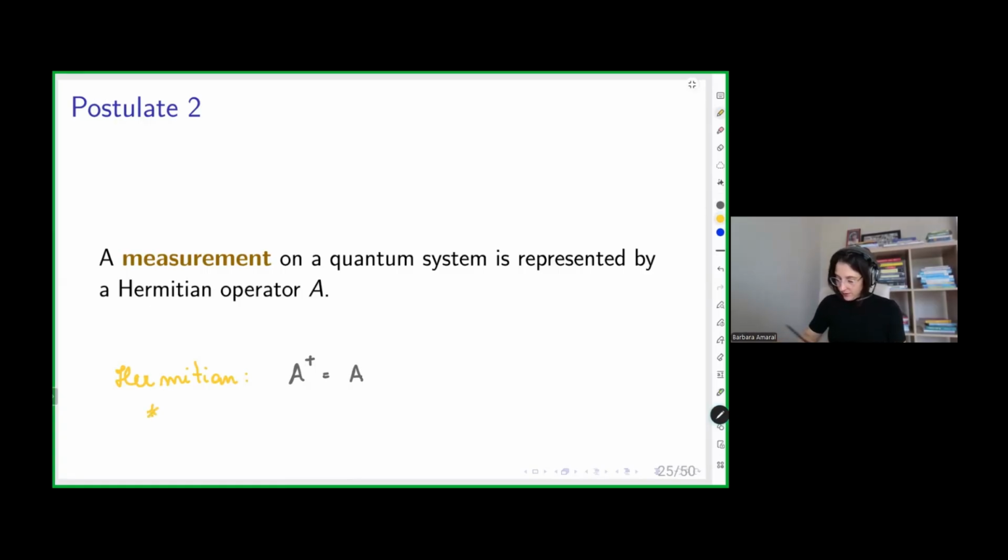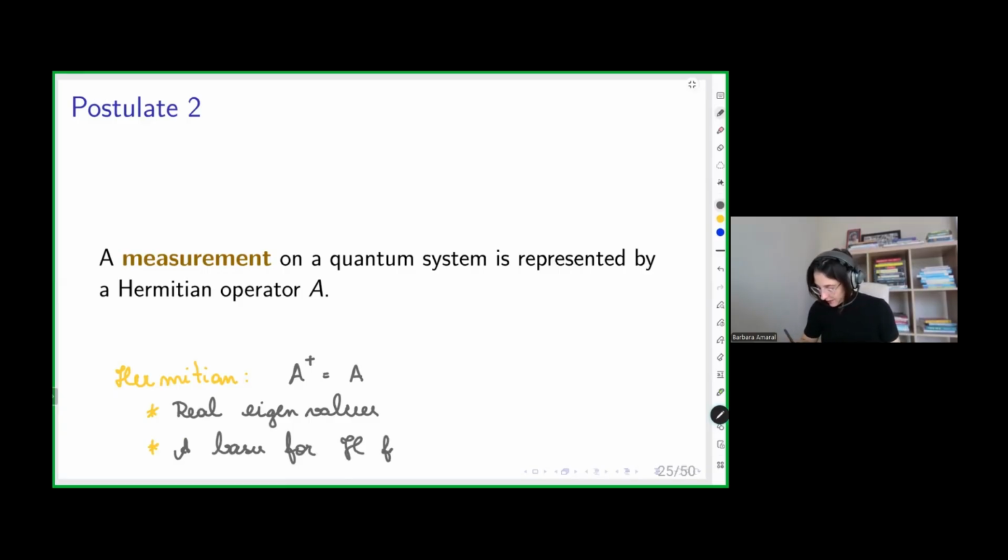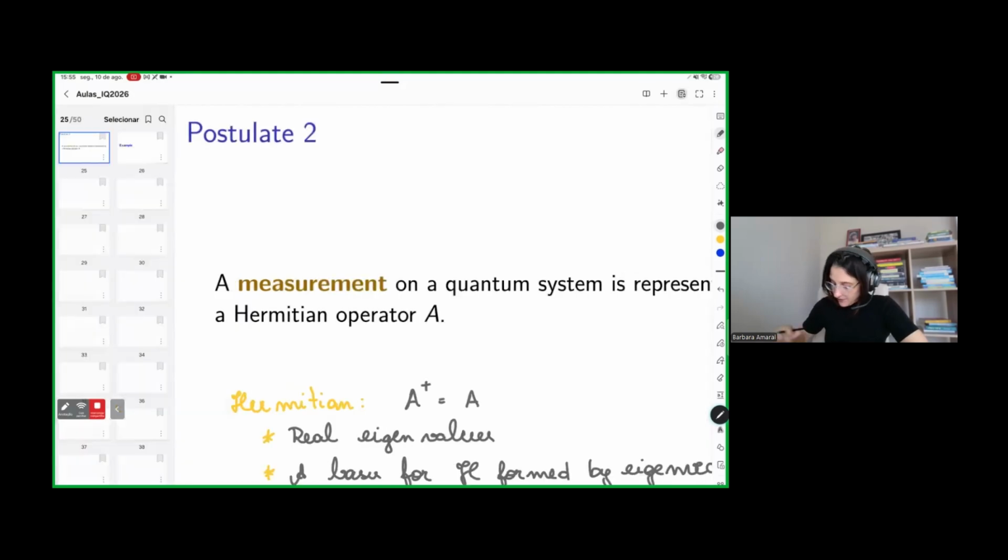They have real eigenvalues, and they have a basis for the Hilbert space formed by eigenvectors of A. Okay, so let me talk a little bit about this.